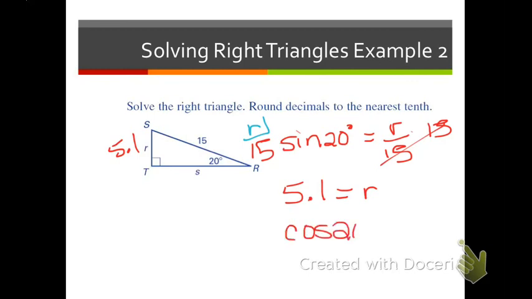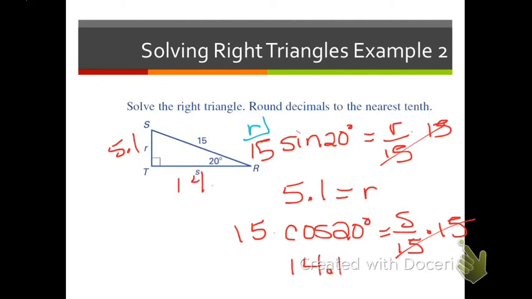I'm going to take the cosine this time because S is adjacent and we have 15 as the hypotenuse. Clear the fraction. I'm going to take the cosine of 20 times 15 equals 14.1. And then to find angle S, that one's easy. Just subtract from 90, and we're left with 70 degrees.